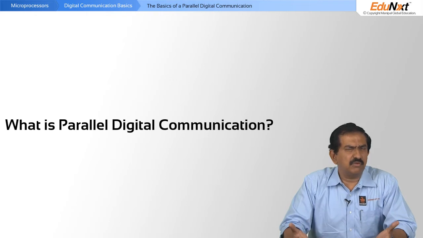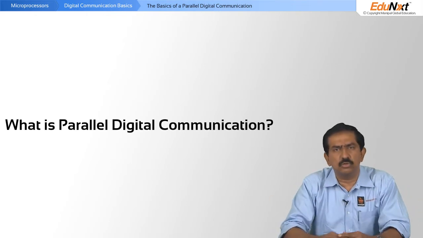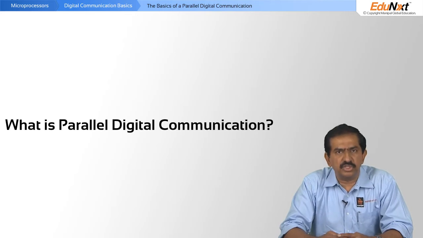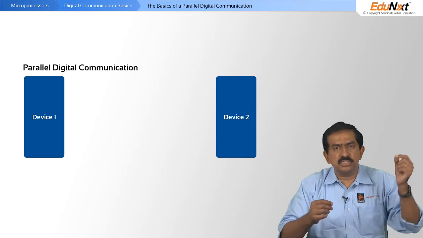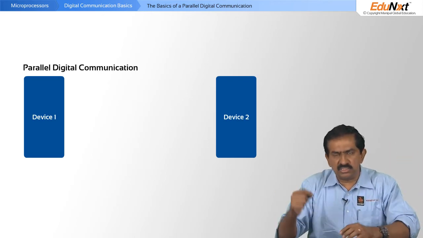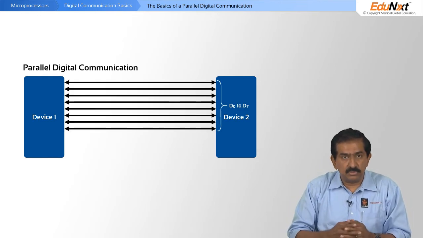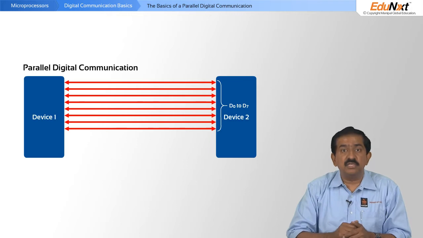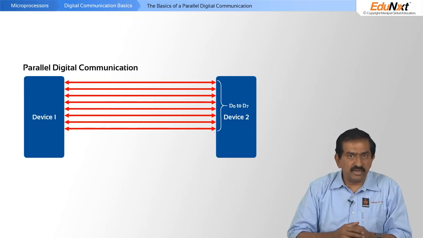What about the basics of a parallel? So we've spoken about serial digital communication. There is therefore something called parallel digital communication as well. In the parallel digital communication world, it's not just one signal that goes from a transmit pin to a receive pin. There are 8 parallel lines, which means 8 different pieces of wire that communicate across the two devices.